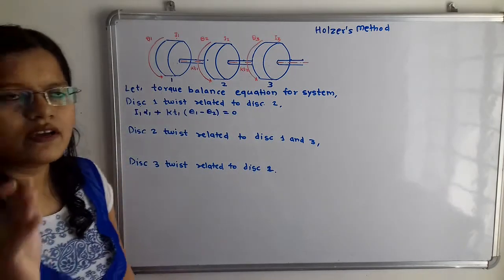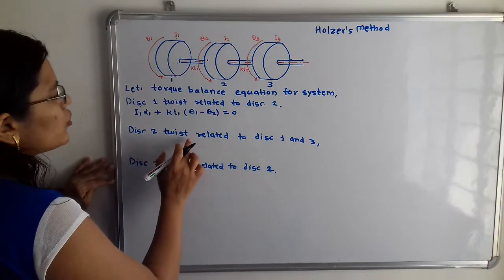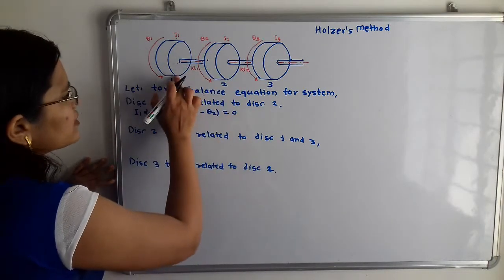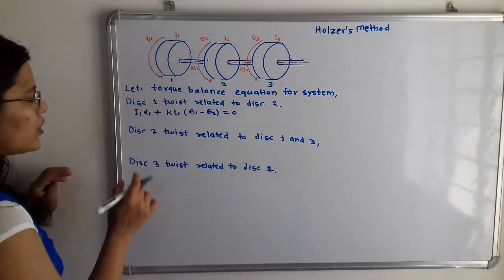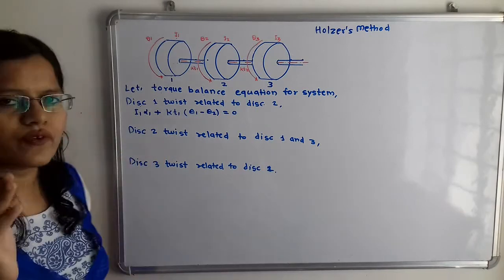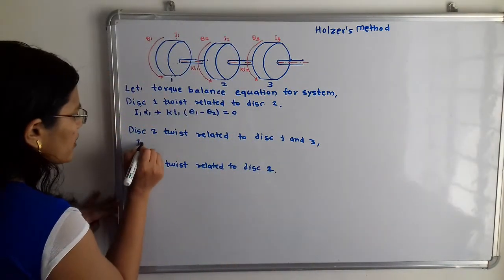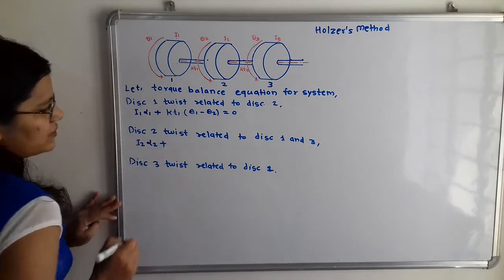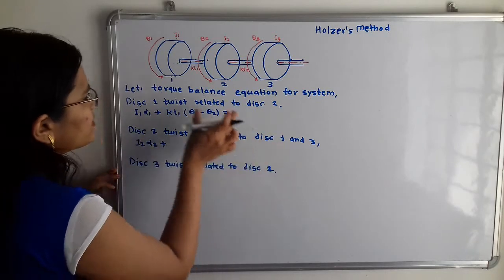In the same way we proceed for disc 2. Disc 2 twists relative to disc 1 as well as disc 3. So how do we write the formula? For disc 2 we first write I2 alpha 2 plus. Now we find the relation between disc 2 and disc 1.